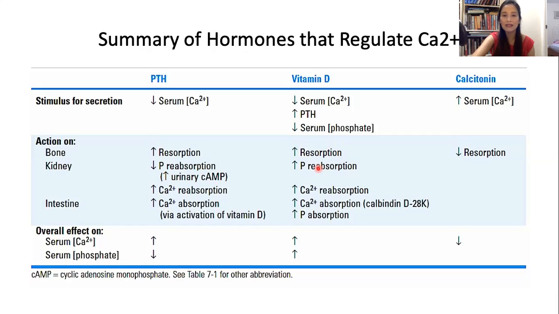In the kidneys, it increases phosphate reabsorption and it also increases calcium reabsorption, and calcium absorption in the intestine. The net effect will be an increase in calcium and phosphate.